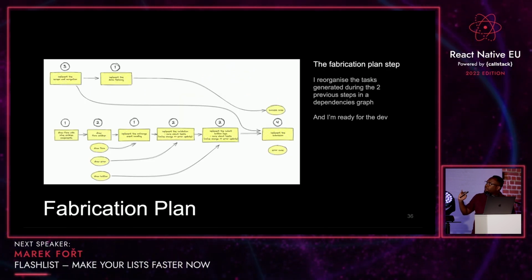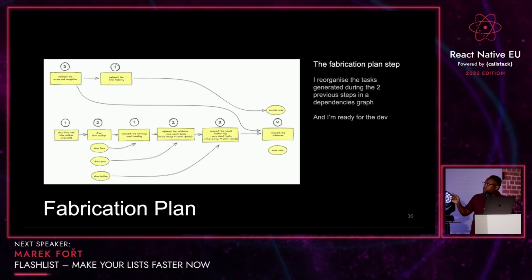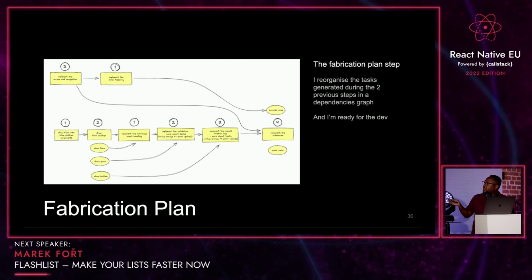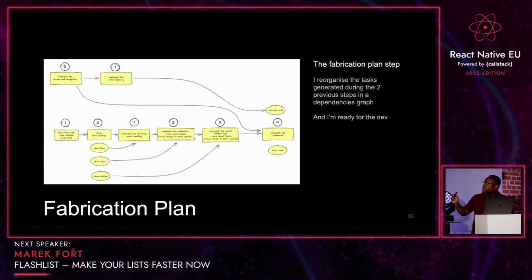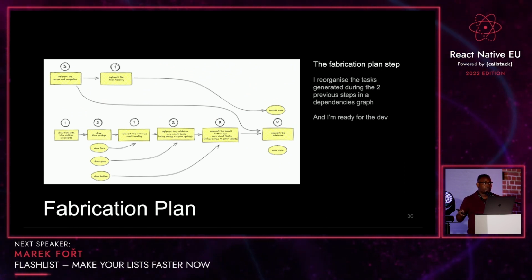So it leads us to the third part, which is the fabrication plan, which consists in just reorganizing the different tasks I have collected in a graph of dependencies, and that's it. We are ready for the development step.